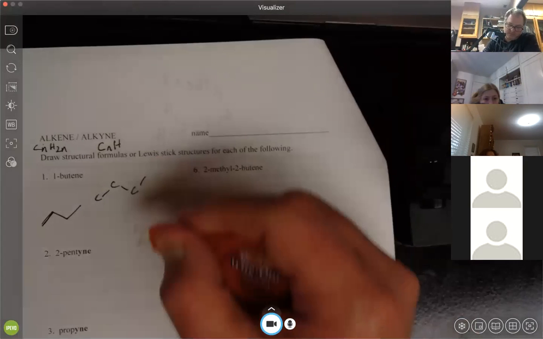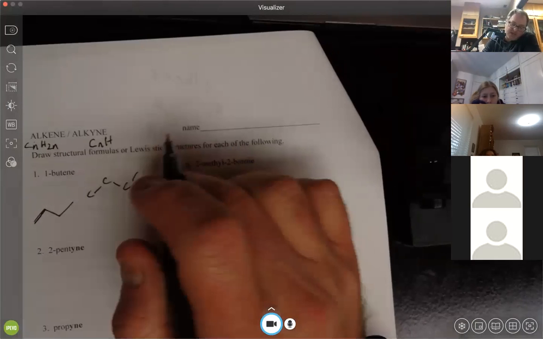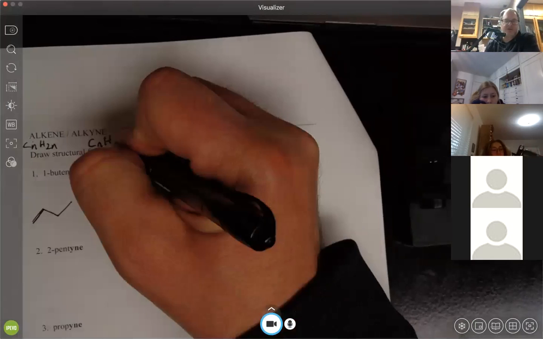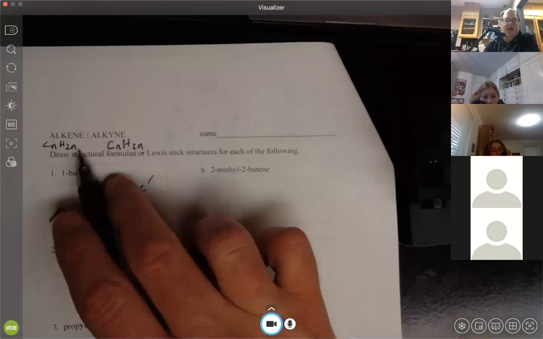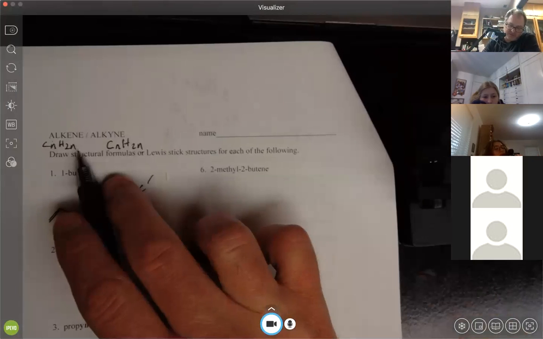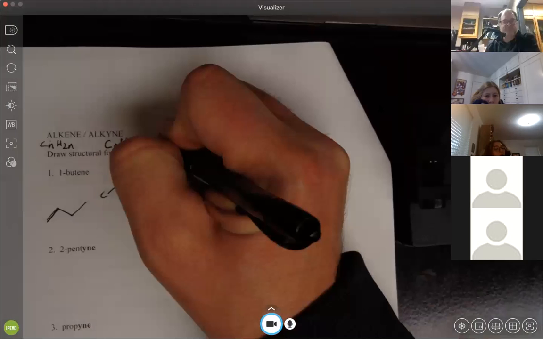Two. It's still 2n, but what do we do to it? We can't leave it 2n, or otherwise it would be the same. For every extra bond, how many hydrogens do we lose? 2. There we go.